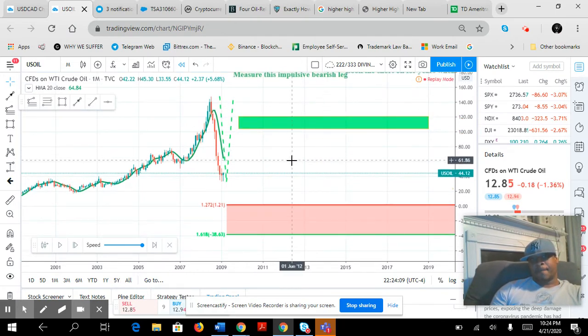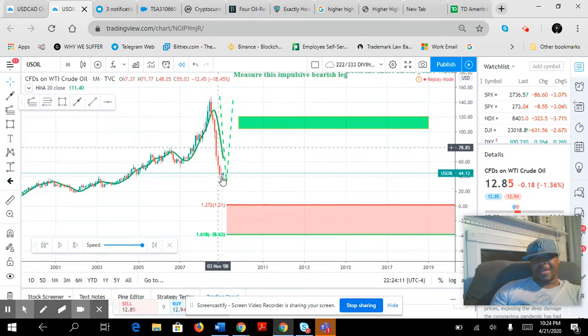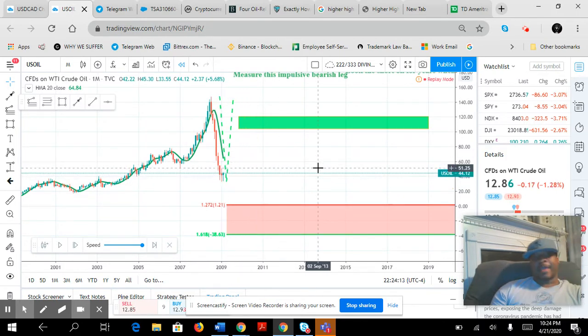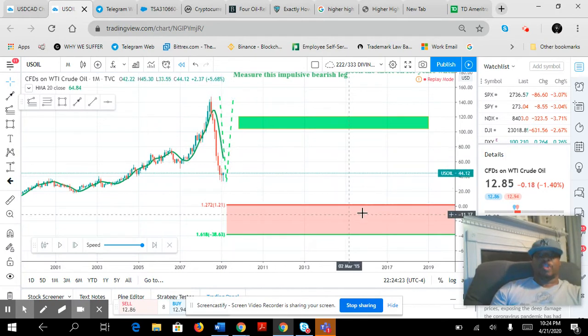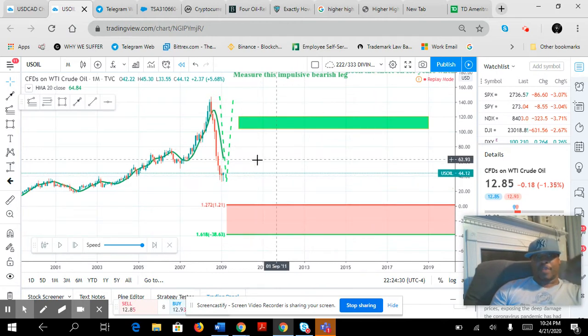Everything is mapped out. So this is what happened in 2008. Now, I can't tell you that it was going to happen 10 years later. I don't know if the big boys knew that. But what they do know is that this target is very likely to happen. They just don't know when. But you trade on what you see and what you know.